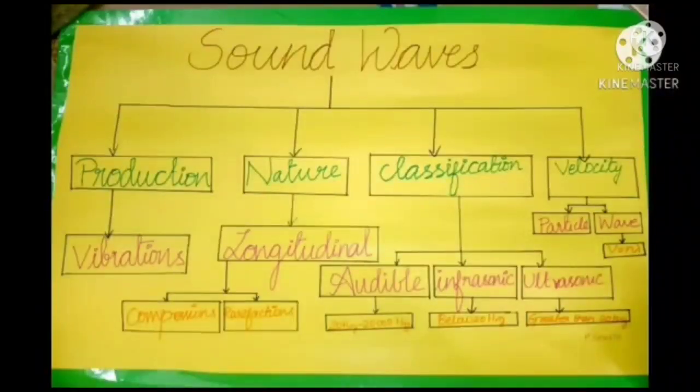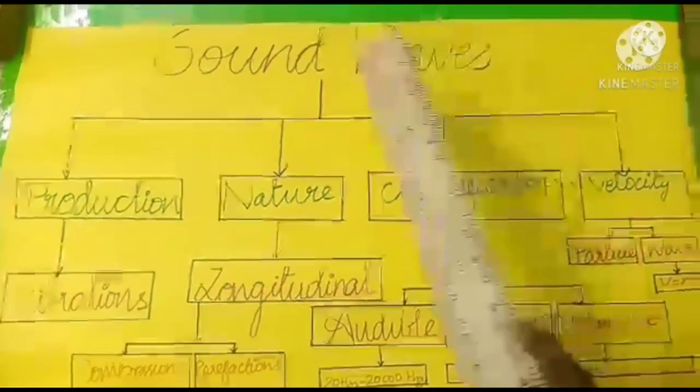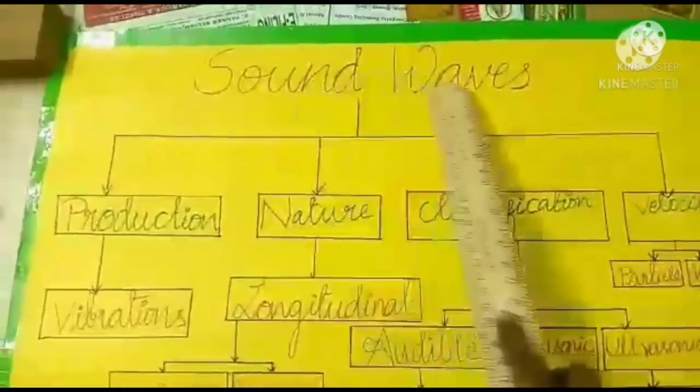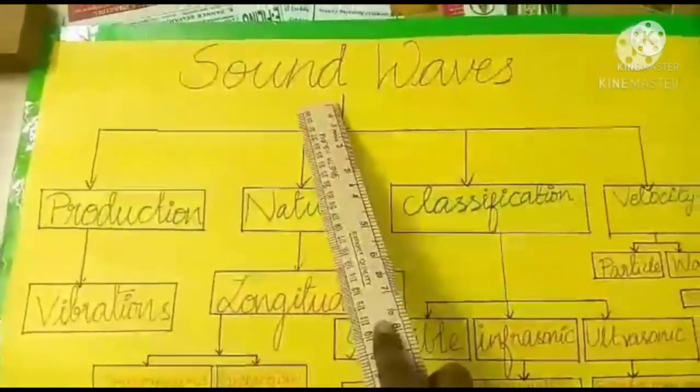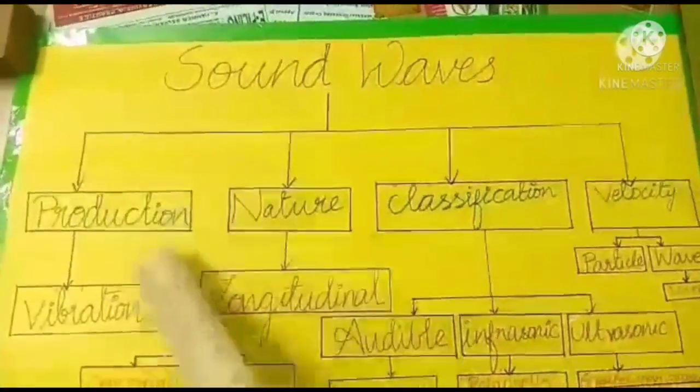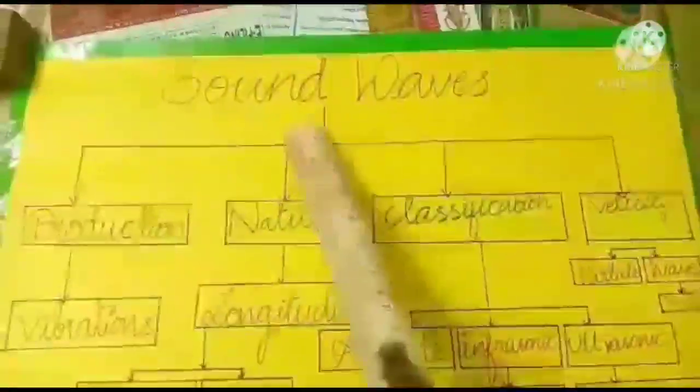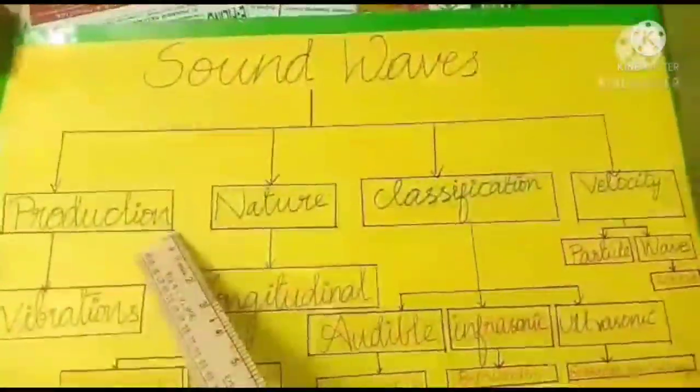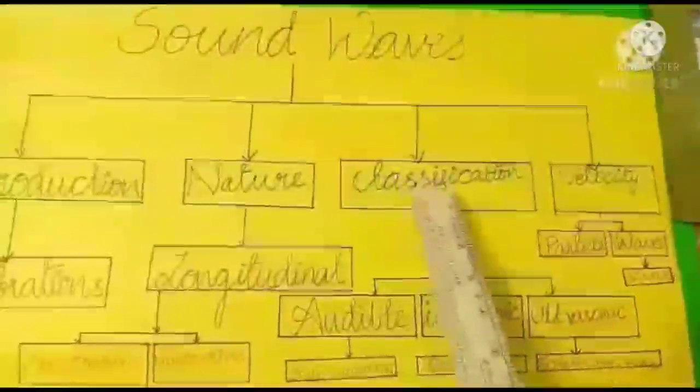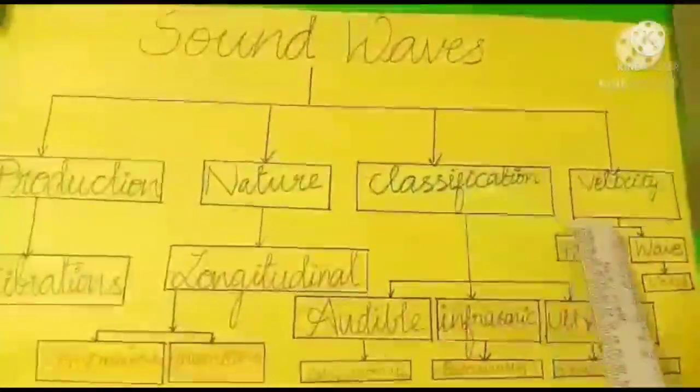This is the overall representation of what we saw in sound waves. Sound waves are produced by vibrations. We shall see the production, nature, classification and velocity of sound waves.